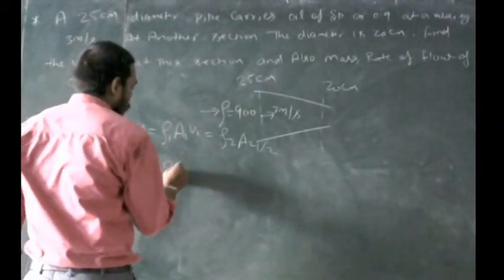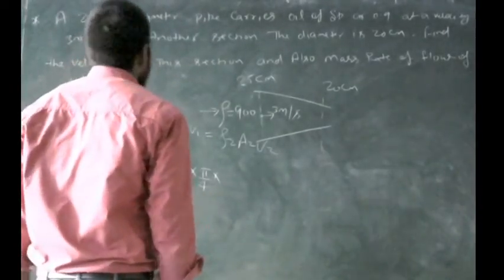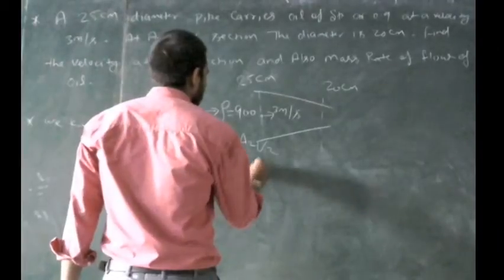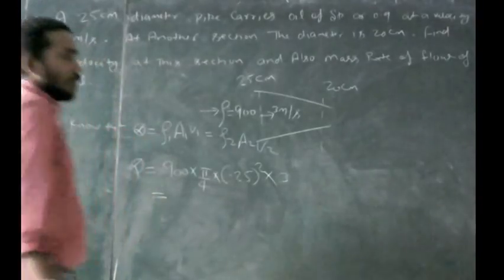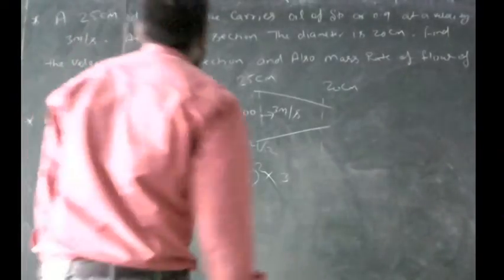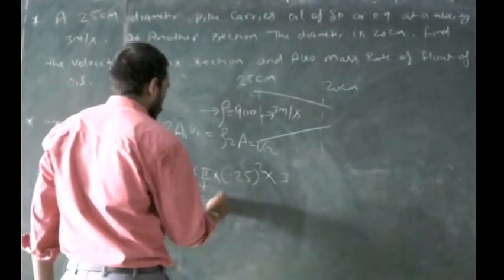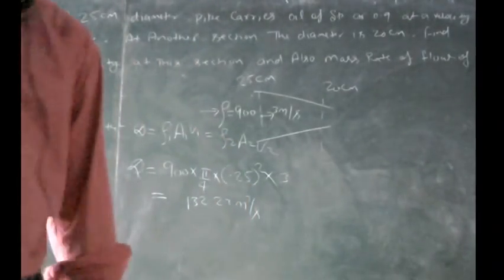Then rho is equal to 900 into pi by 4 into 0.25 square into velocity 3. Solve it. 132.23 kg per second. Is clear?